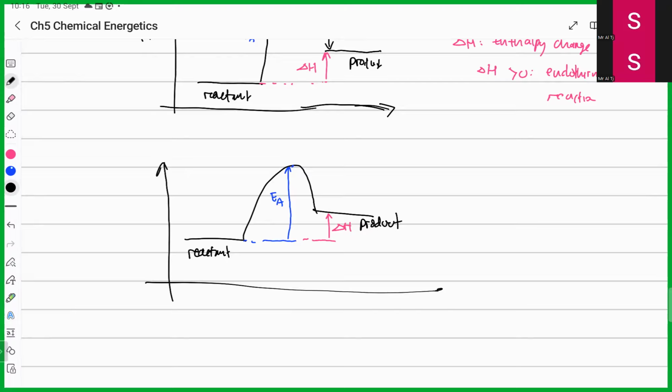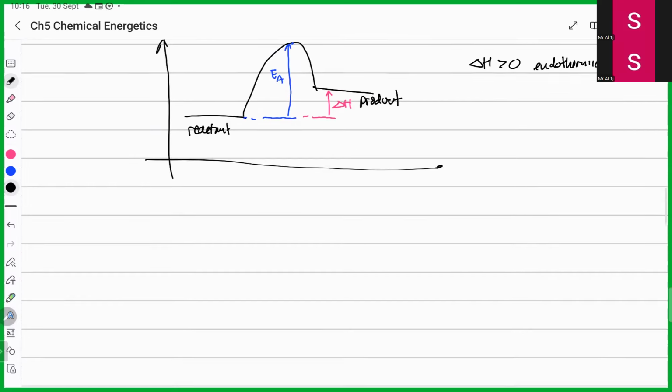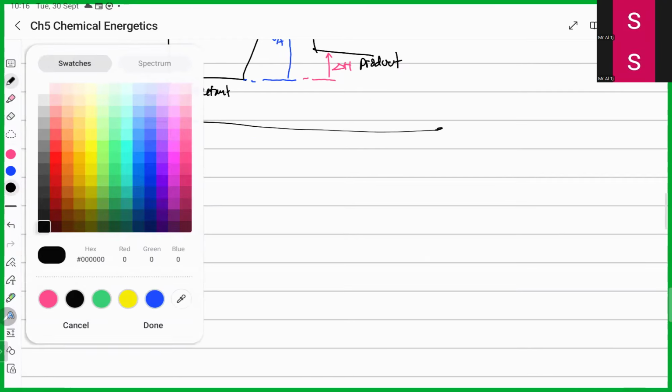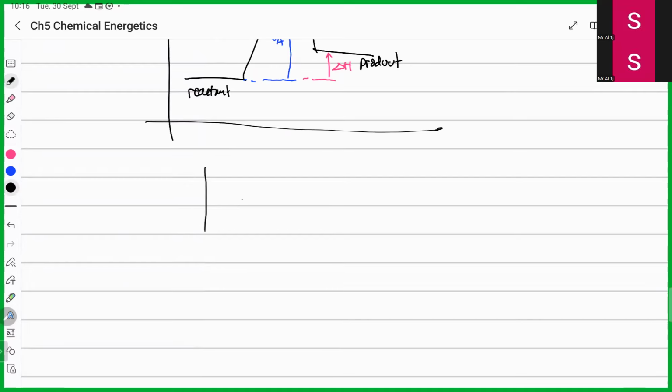Of course, because this one is endothermic, we can make a similar one for an exothermic reaction with the product lower than the reactant. It's going to look something like this.